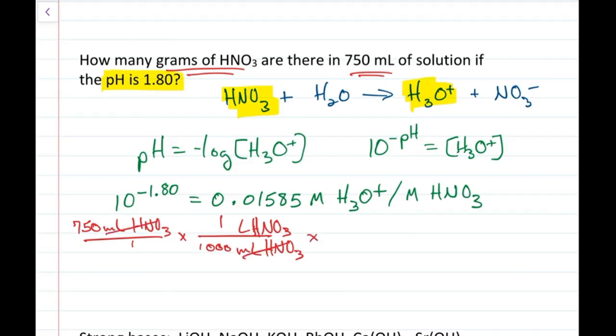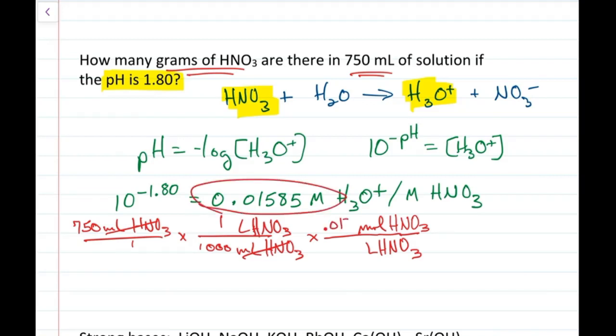Okay, and then from liters, if I'm trying to get to grams, hopefully you're thinking about what the next step would be, and that would be moles, right? And we know the moles per liter because we just figured it out. That was this number: 0.01585 per 1 liter. And then from moles, I can go to grams.